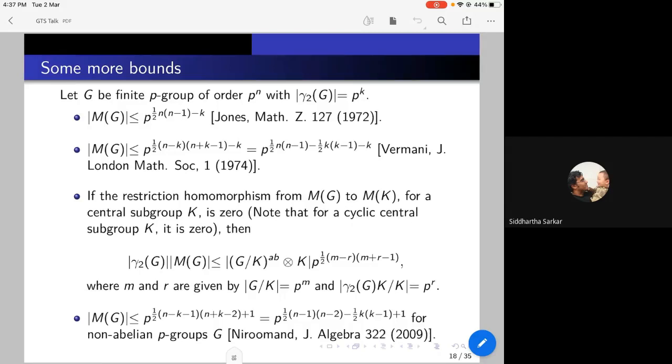So one can look at it as p to the power half n minus 1 into n minus 2 minus half k into k minus 1 plus 1. And in the second description, one can see that it improves the earlier bounds, which are given in terms of the order of the Schur multiplier and order of the derived subgroup for non-abelian p-groups G.